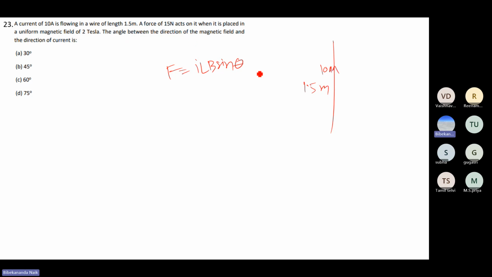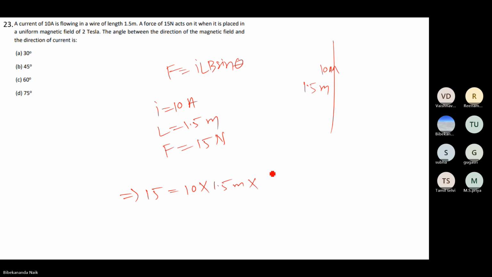We know I is 10 ampere, the length L is 1.5 meter, and the force acting on it is 15 Newton. So if you put all these, 15 is equal to 10 into 1.5 into B, which is 2 Tesla.